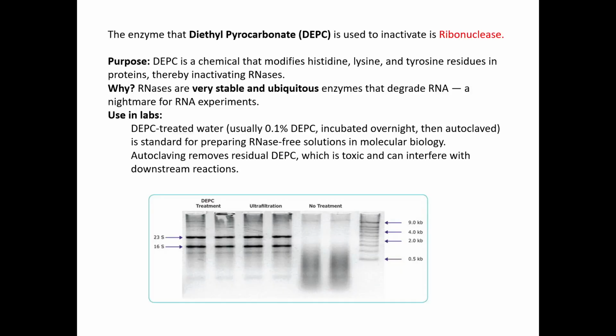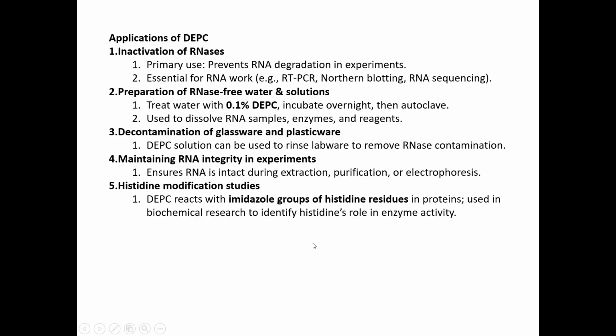You can also see the bands here, very clear, very neat, without any degradation or any sort of smear. In case of a solution which was not treated with DPC, or if it was contaminated with RNases, you can see that there is no RNA. Even though you might have isolated or extracted your RNA, if you do not dissolve or elute it in DPC water or RNase free water, this is what happens. Your RNA will get degraded.